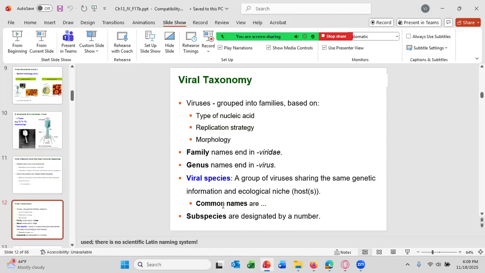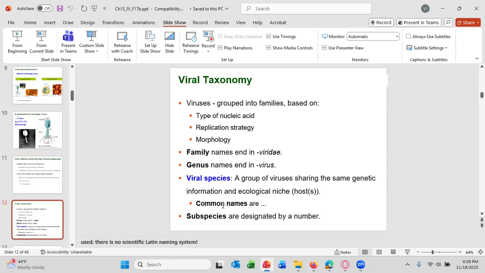For example, the poliovirus is called the poliovirus worldwide. There is no Latin designation for viruses, meaning no Latin naming system. Everywhere in the world, the poliovirus is called the poliovirus, and it's simply because the first people studying viruses were English speaking, and they tended to give the viruses their names.